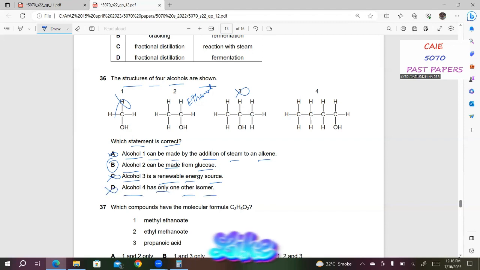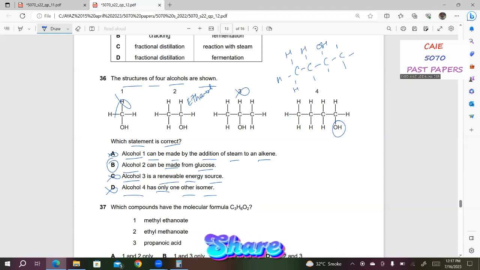This is also incorrect, because if you change the position of this OH, you will get another isomer. So you can't have only one isomer in this case. You have more than one isomer for alcohol number 4.